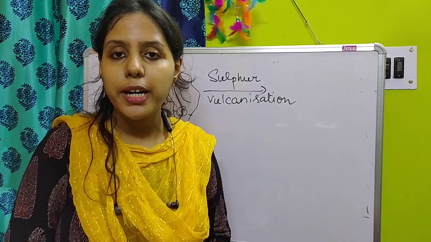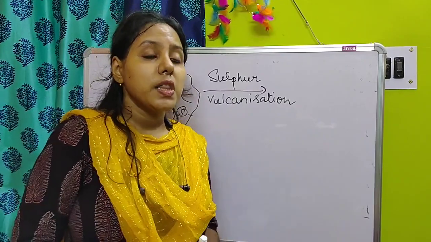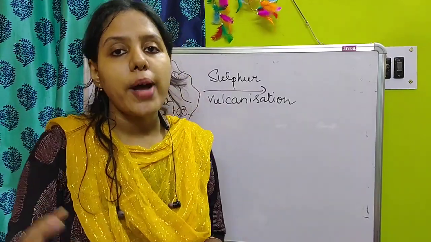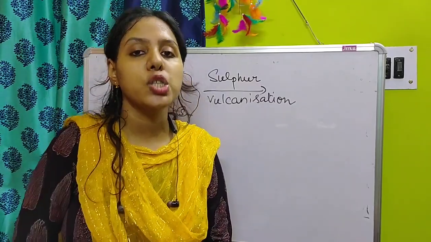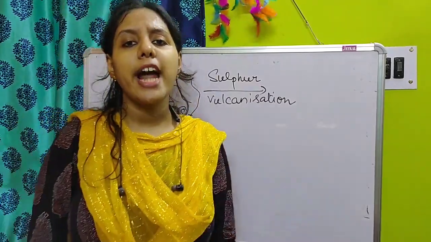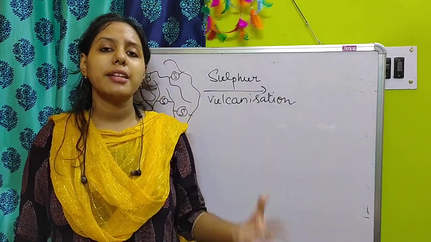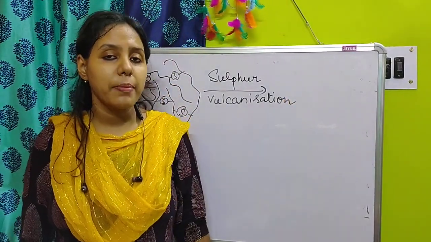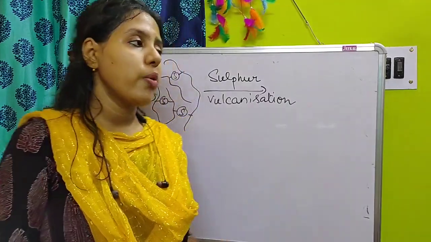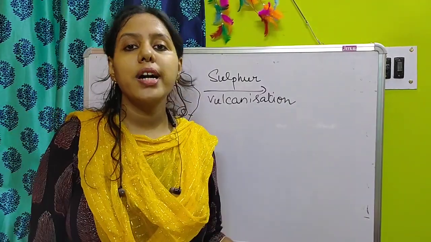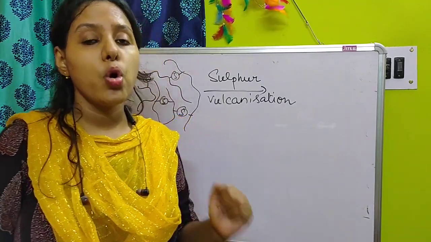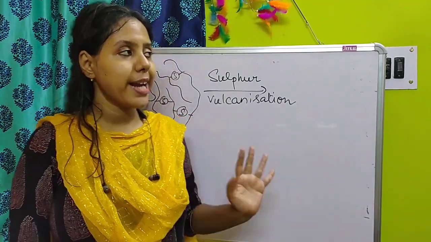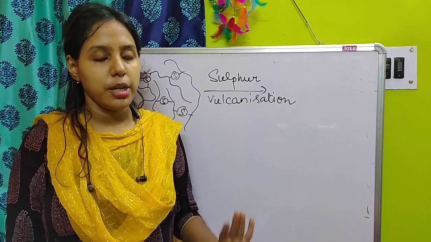They have less tendency of absorbing water and less reactivity towards different chemical solvents. Many other advantages of vulcanized rubber are there. For this we convert natural rubber into the vulcanized form because it is more suitable to use. So that is the need of vulcanization.